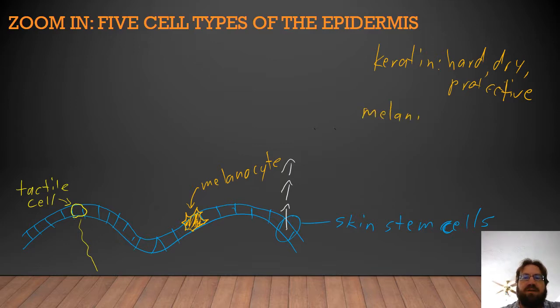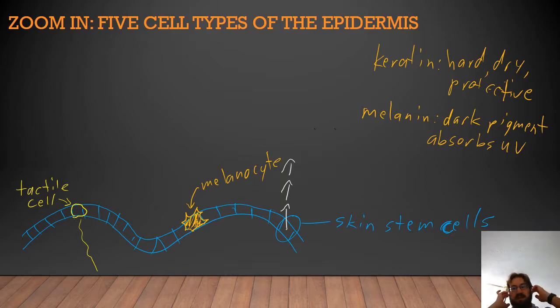Melanin, on the other hand, is a dark pigment that acts to absorb UV light. And the point of melanin is to prevent the other cells of your skin from being damaged too much by UV sunlight.